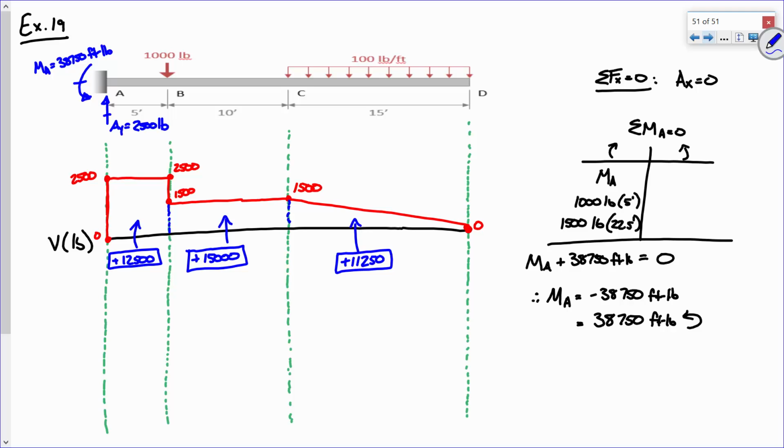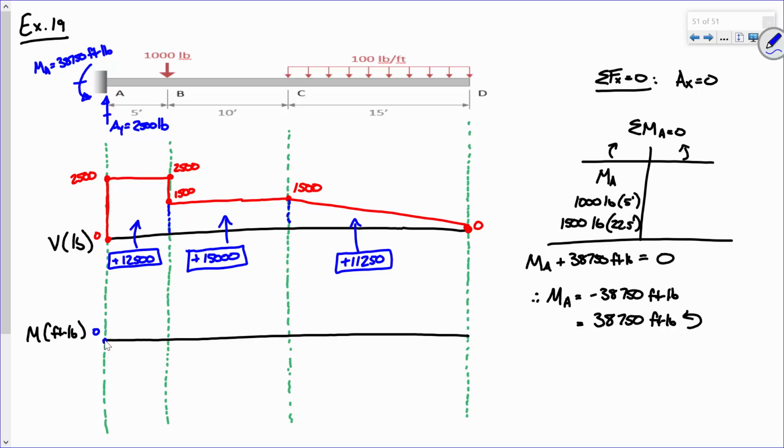Now, I've got too much positive area. So in order for everything to balance out to 0, I propose that when we start our moment diagram, we start off by drawing down. Think about what's going to happen. Here's our moment diagram. We start off at 0.